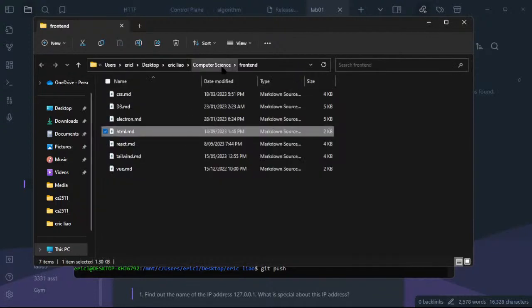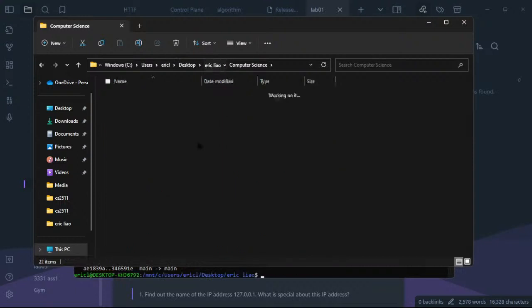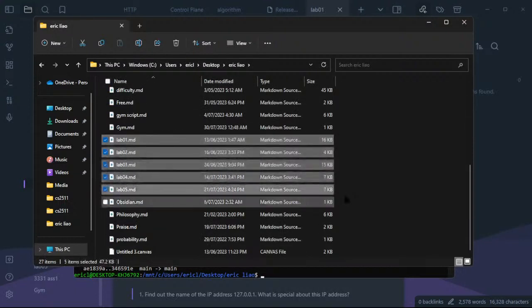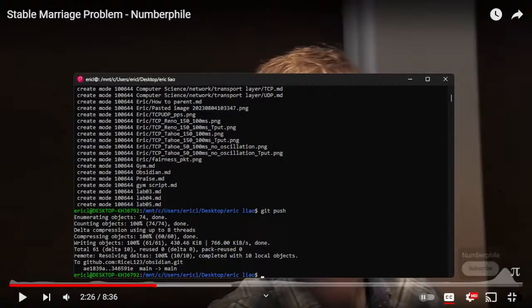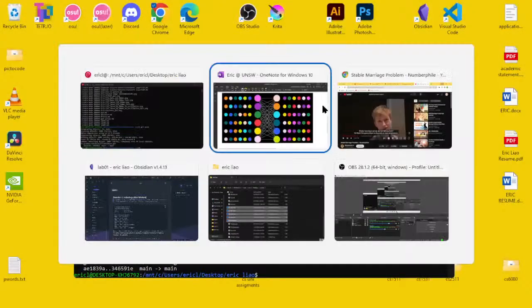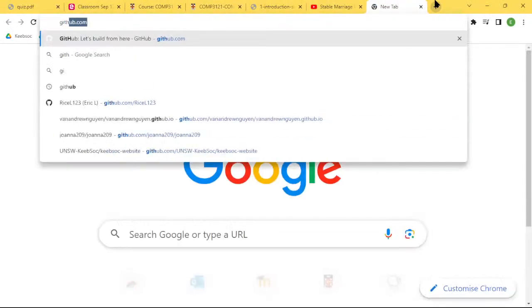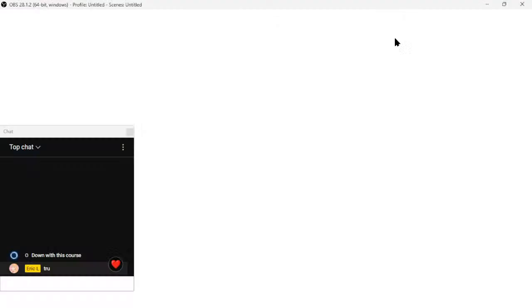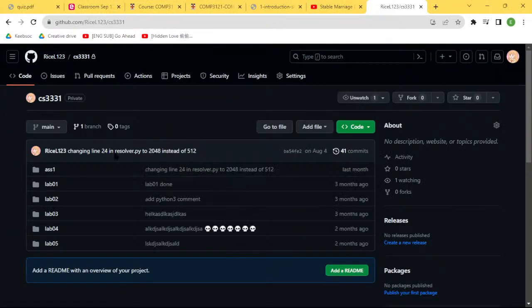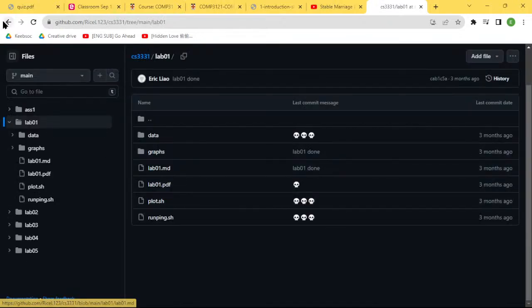Let's clean this up a little bit. I can add that into the CS3331. I think it might already be in CS3331 actually. Yeah, it's all here.